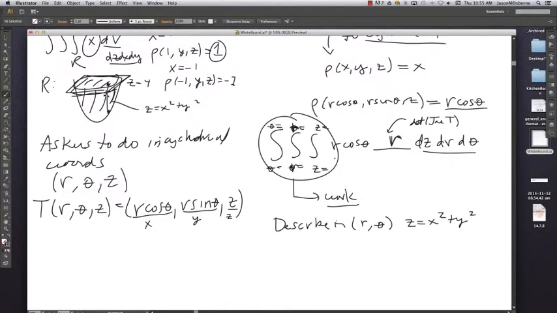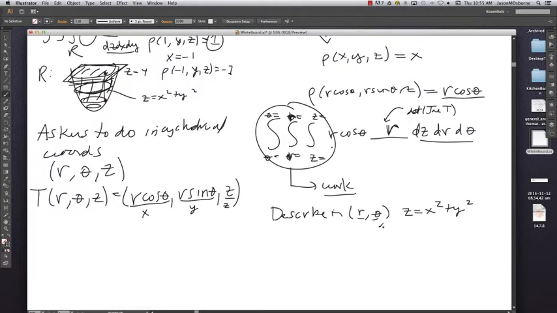Right? If you're going to describe this parametrically, it's going to be a surface. There's two variables. The things that change in this problem are the radius as you move around this circle, and then at different levels we have different radii of our circles. So the radius and the theta variable are all that is changing.